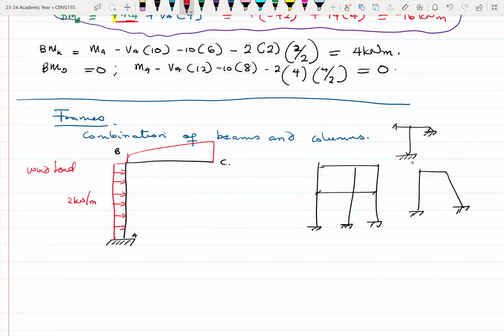So this is a typical trapezoidal load, which I think we have not spent too much time on, but at least we can do that with this example. The smaller portion is 2, and the larger portion is 5 kilonewtons per meter. The length of BC is 9 meters. The length of AB is 15 meters.